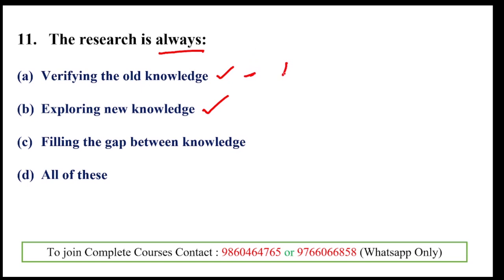So here it's the existing or old knowledge, and here it's the new or exploring knowledge. There is a gap between old and new, and the research will fill the gap between old and new knowledge, and it becomes a new theory or developed knowledge. Clear? So all of these are the right answer for this question.